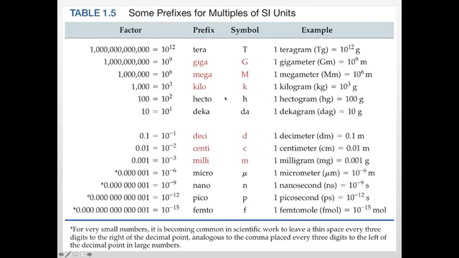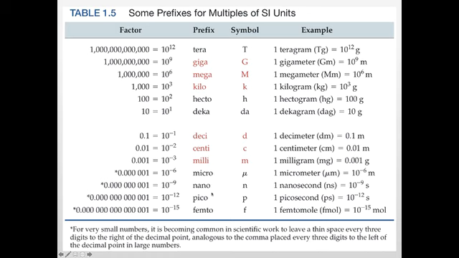And so if you think about, here is the prefix kilo, which refers to 1,000 grams. So a kilogram is 1,000 grams. And so you see how as you go up the list, you're adding more zeros. And as you go down the list, you're adding more zeros past the decimal point.